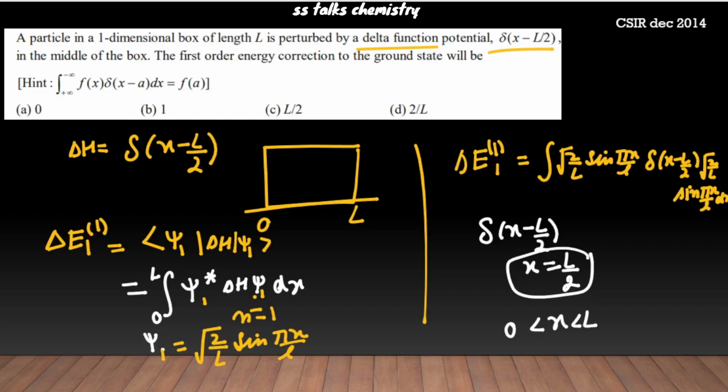So that means this integration value is going to be equal to, so the energy correction, we solve it like this: you have to find the product of psi star into psi at the x value which is equal to L by 2, right? This value is going to be there. So let's just solve this.